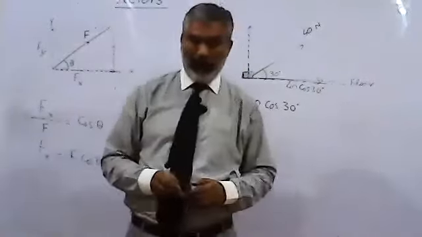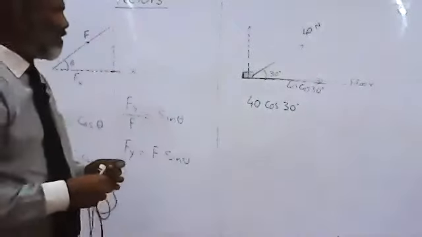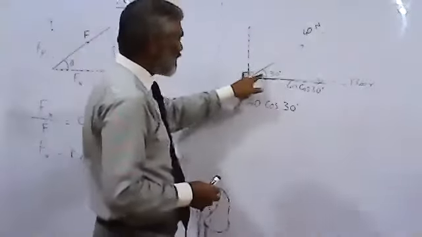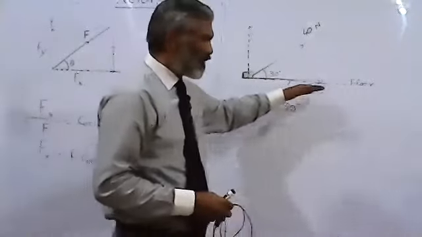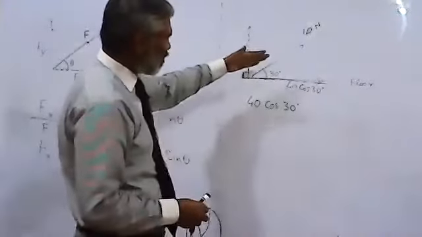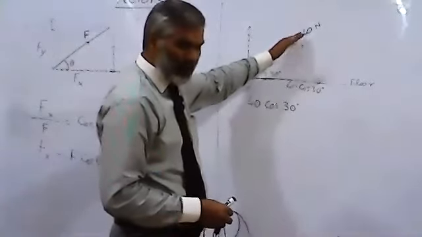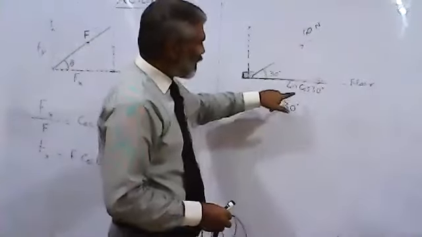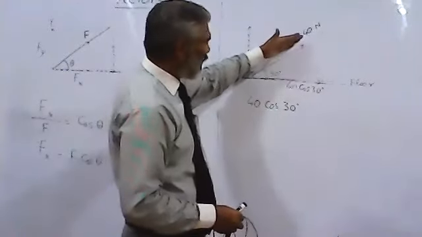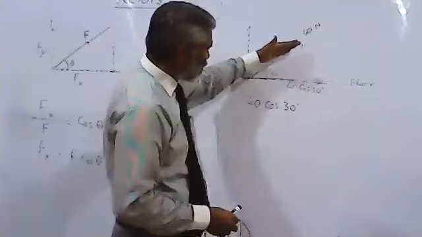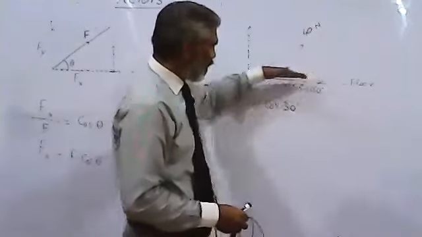The motion of this block is taking place because you have a sizable effect of this force along this direction. So this is the idea of components. Sometimes you have to increase or decrease this angle in order to enhance the effect along this direction. And this is very clear from this figure. If, let's say, there is no option of increasing this force, you can increase the effect here by decreasing this angle, maybe by lowering this string to 20 degree or 15 degree to this floor.